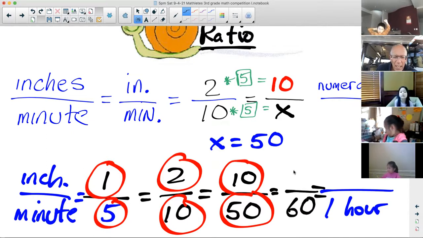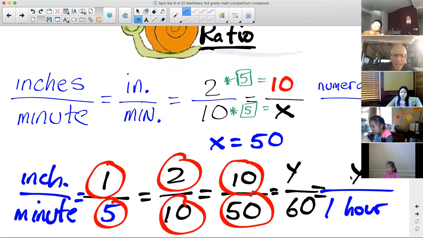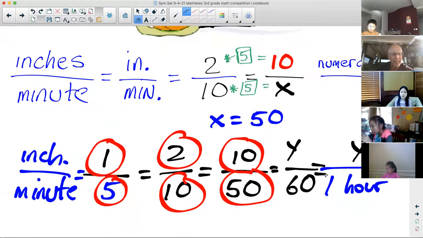So what do you think the unknown, I'll call this unknown value y, how many inches do you think the snail could go? Jason, what do you think? 12. Right, because everyone, look at this.